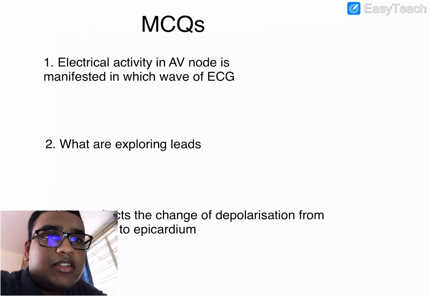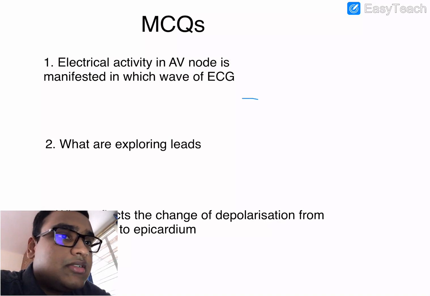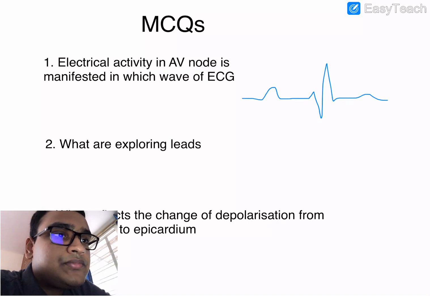So first MCQ: electrical activity in the AV node is manifested in which wave of the ECG? As you all know, this is the ECG. Here the SA node gives an impulse to the atrium, and this represents the atrial depolarization, and this represents ventricular depolarization.